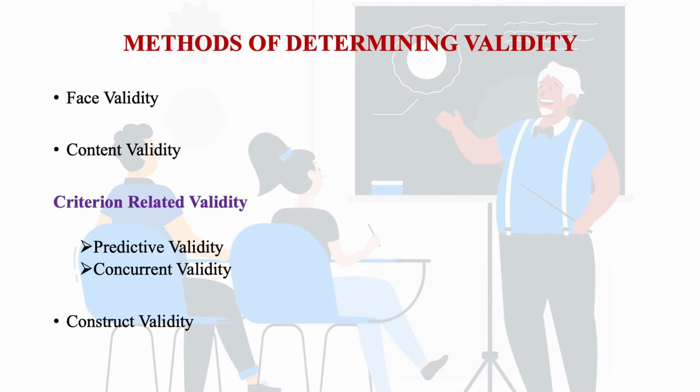The other methods are construct validity and factorial validity. So friends, very briefly we will discuss all these 5 methods for determining the validity of a test. Now let us focus upon the first method, that is face validity.